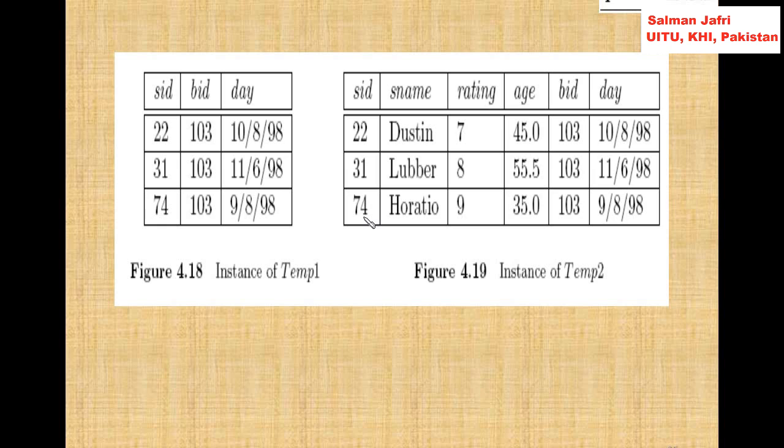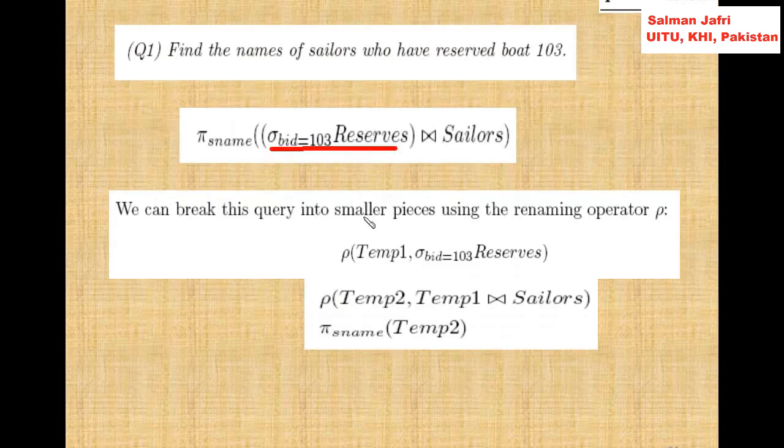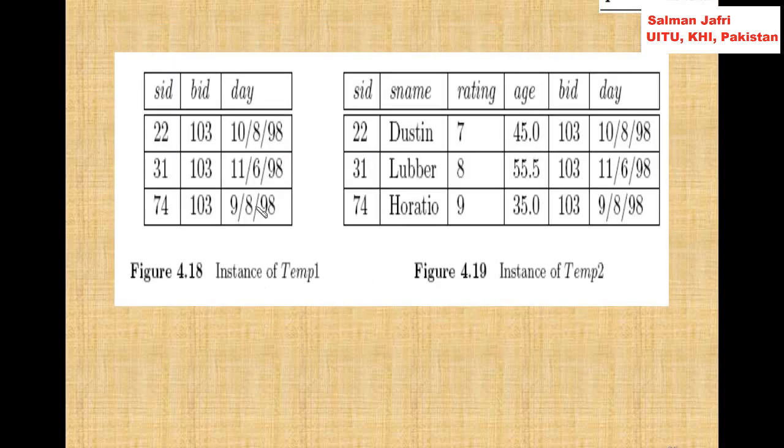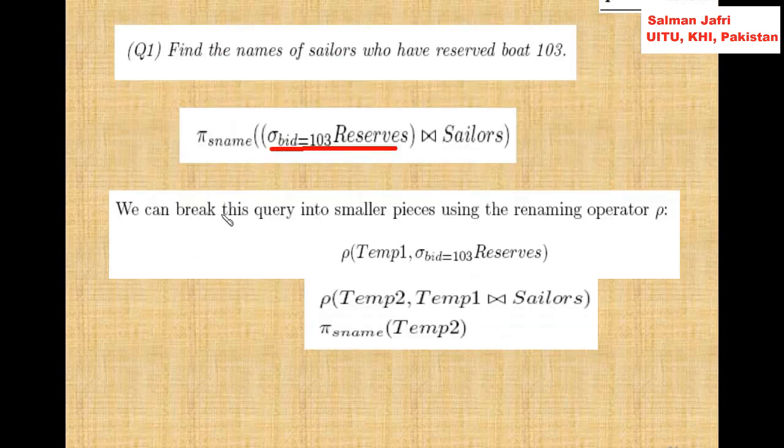So what we have actually done is that we have renamed the first answer to temp 1. So this becomes temp 1. Then we execute the natural join of temp 1 with sailors, and we call it, by using the rename operator, temp 2.